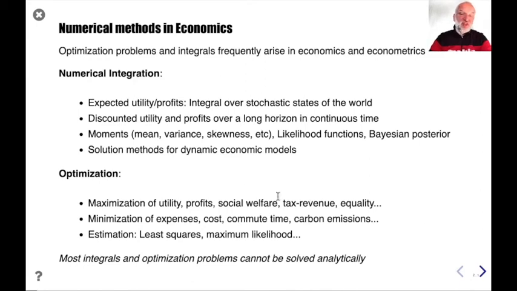So for instance, expected utility or profits, where there may be uncertain returns to some investment, or your portfolio is getting some uncertain return. In that case, you'll have to solve integrals over stochastic states of the world.